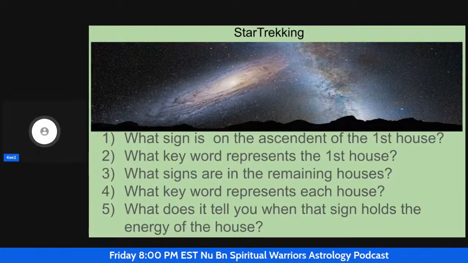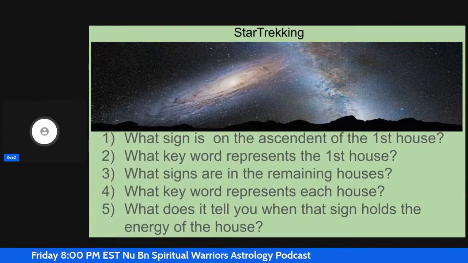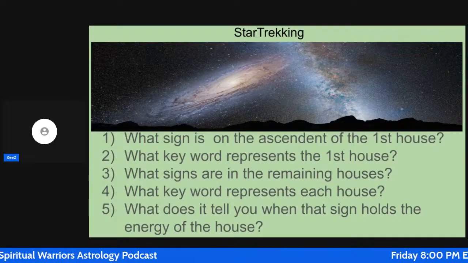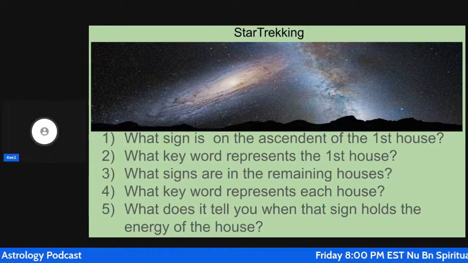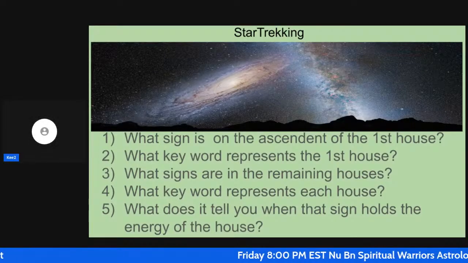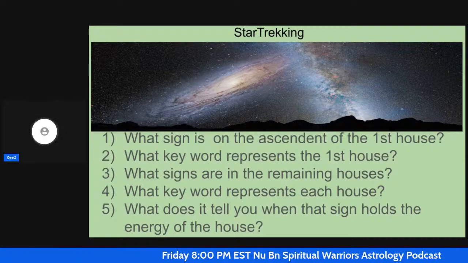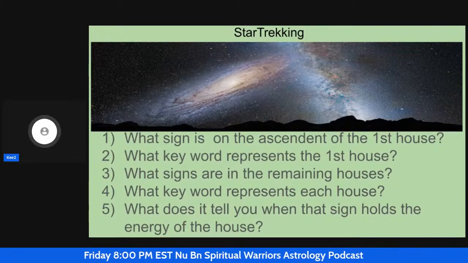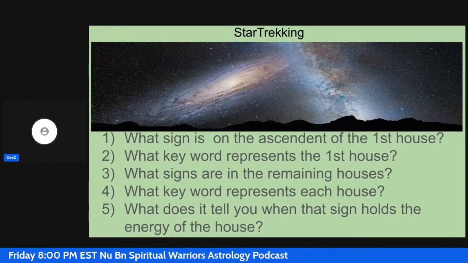Now, your assignment until the next podcast is this. What sign is on the ascendant of the first house? Going back to that chart that I referred to. What key words represent the first house?